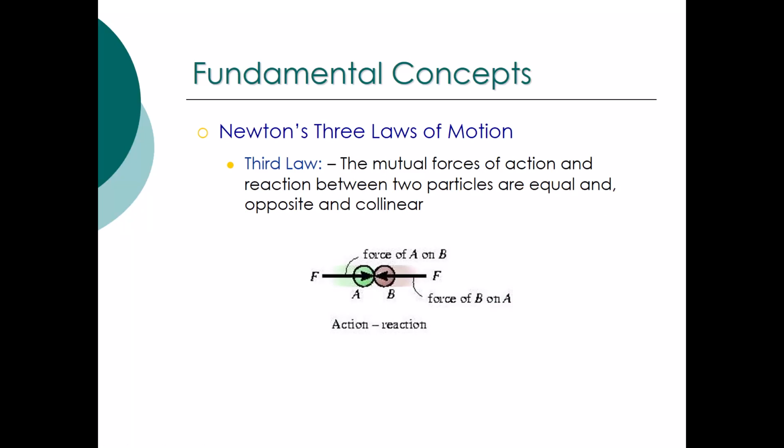And the third law of Newton states that if body A is acting on B with a force FAB, then B will respond to this force by creating another force FBA, which is opposite to the force of AB. It means that the two forces have the same magnitude, the same direction, but opposite sense. It's known as action-reaction.